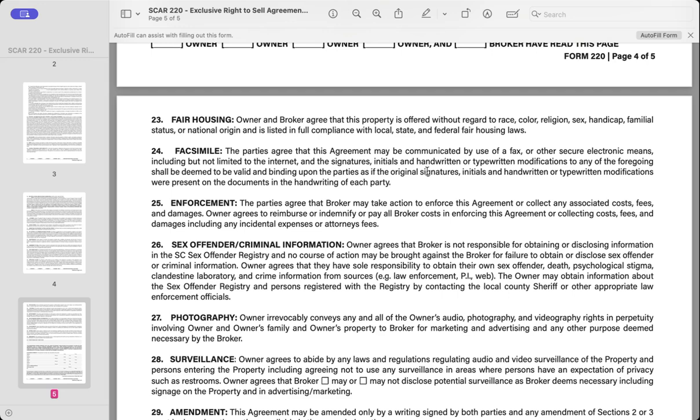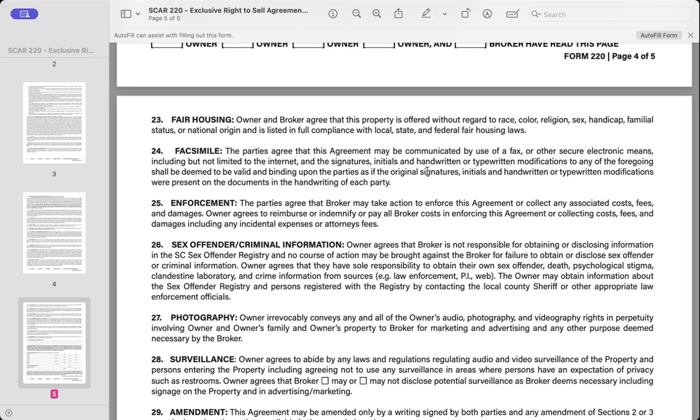Section 25, the parties agree that the broker may take action to enforce this agreement and any associated fees and costs, and the owner would agree to indemnify or pay out broker costs if this agreement had to be enforced. Section 26 is sex offender criminal information.